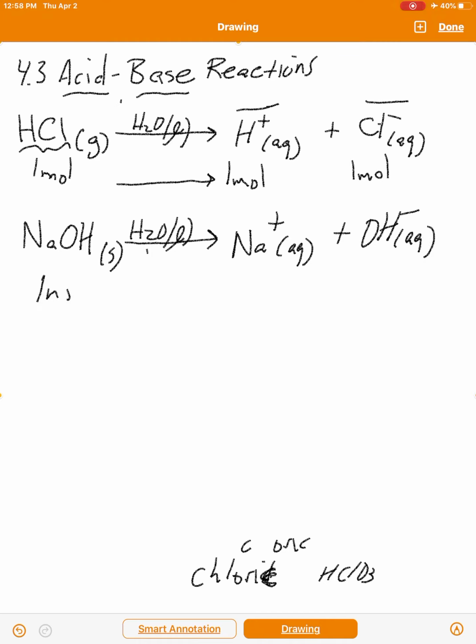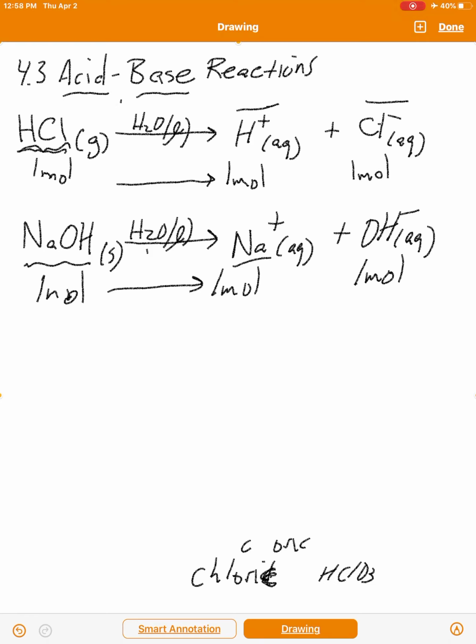Again, if you put 1 mole of sodium hydroxide into, let's say, a liter of water, you would get 1 mole of sodium ions and 1 mole of hydroxide ions, meaning 100% of it would dissolve to form sodium and hydroxide. So in the water, you wouldn't actually have sodium hydroxide, just as you wouldn't have hydrogen chloride.